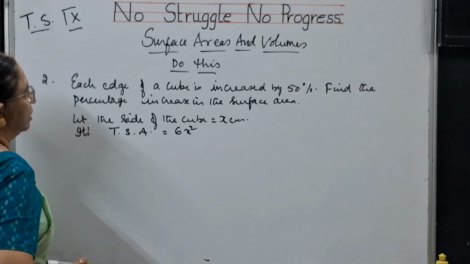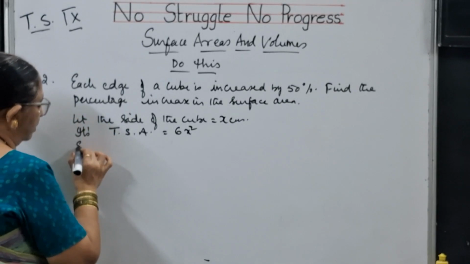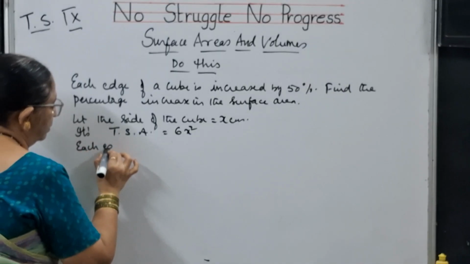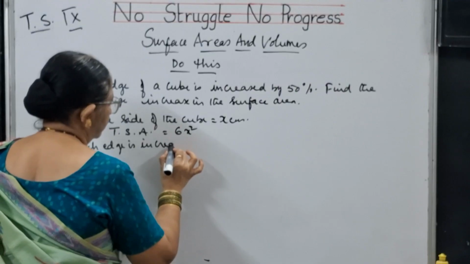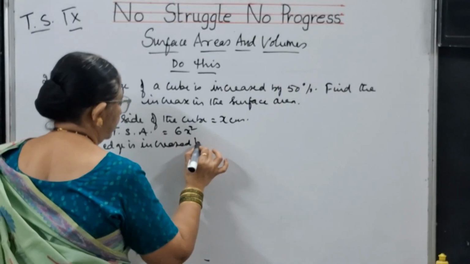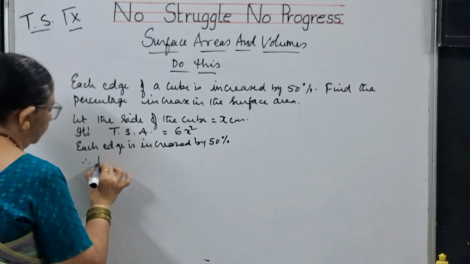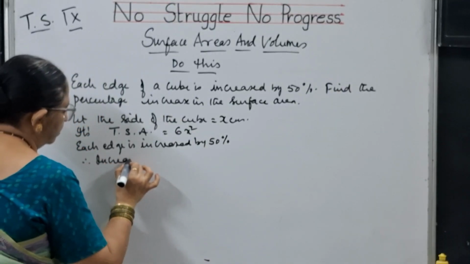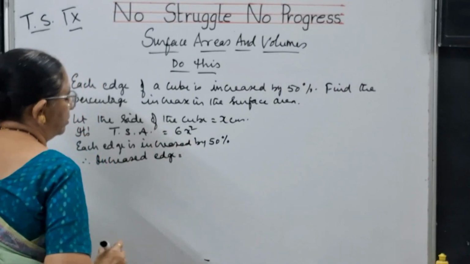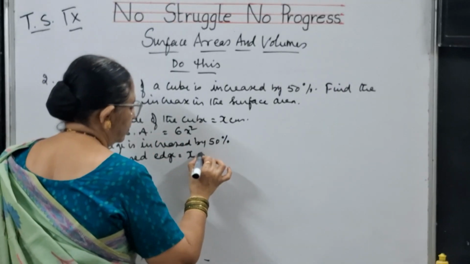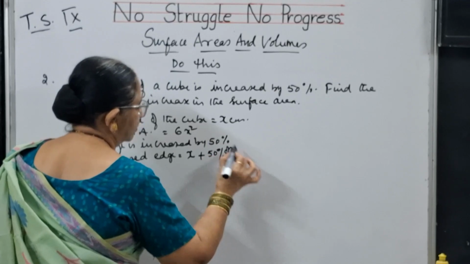Then each edge of the cube. Edge means side. Each side or each edge is increased by 50%. Therefore, what is the increased size? Increased edge, I can say, is the original edge plus 50% of the original x.